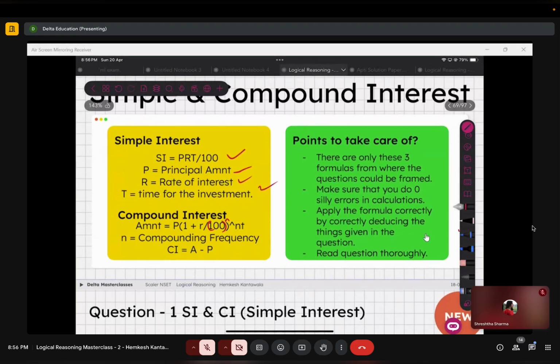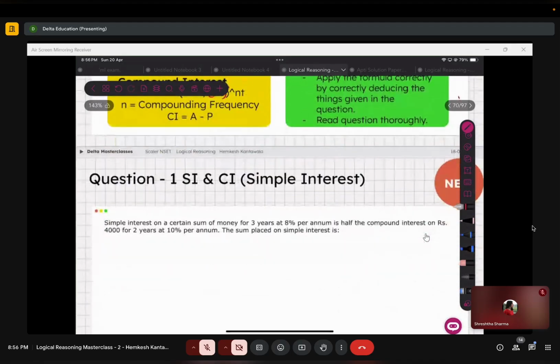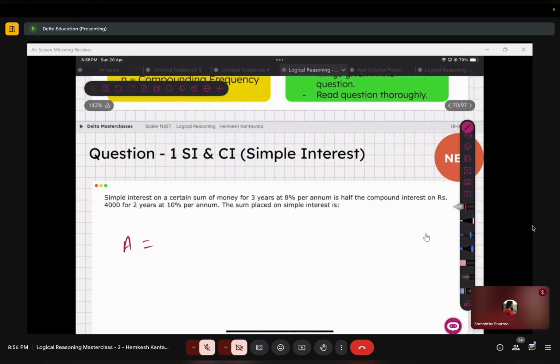Now coming to compound interest. One thing to note is that the compound interest formula is for the amount and not the interest. So the formula for amount is A equals P, which is principal, times (1 plus R upon N times 100).